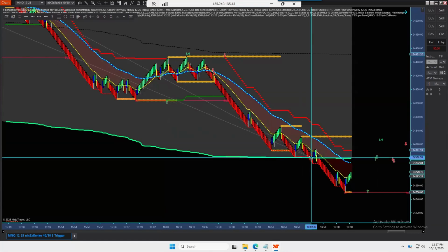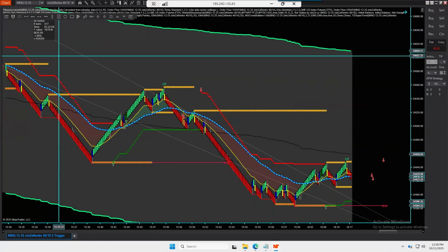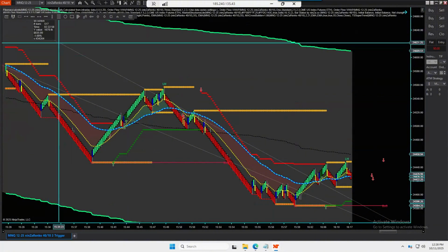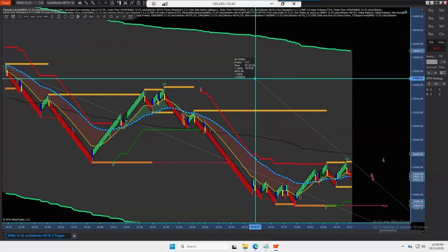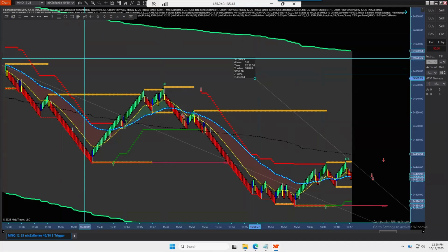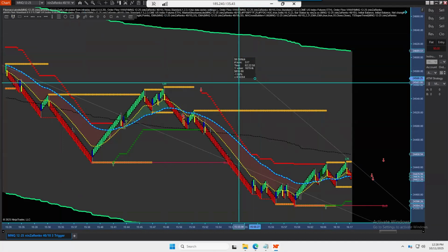Look at that. How much is that? That is a $835 trade on one micro contract, one MNQ contract. Can you imagine if we were just scaling that? That is an unbelievable trade, all the way down there.